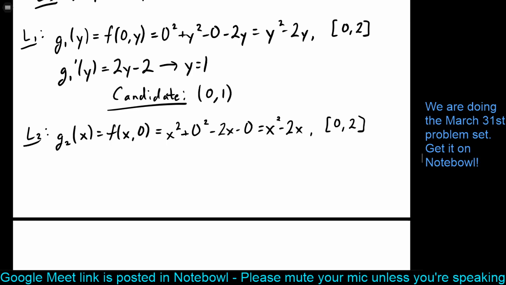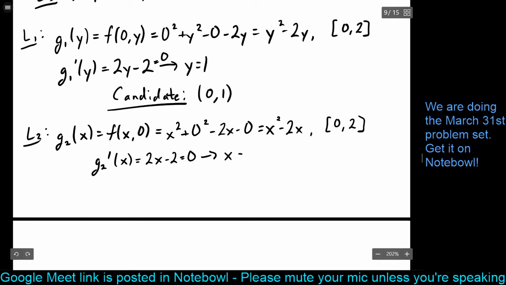Repeat the same thing: G2 prime of x is 2x minus 2. Setting this equal to 0, x is 1. And again, that's inside that interval, so we get a candidate. In this case, it's (1, 0), since y has to be 0 on this edge.